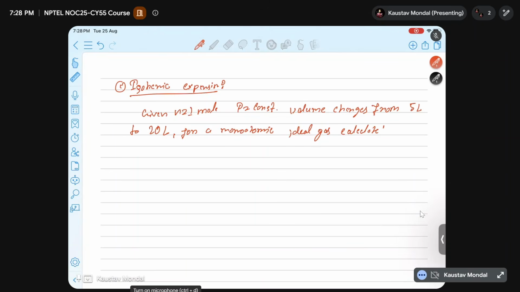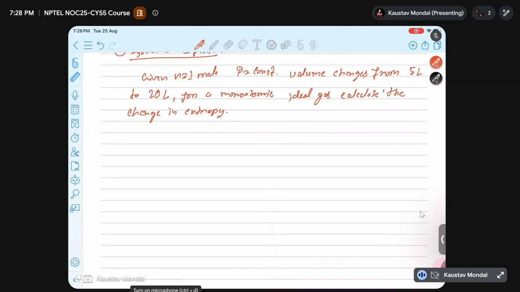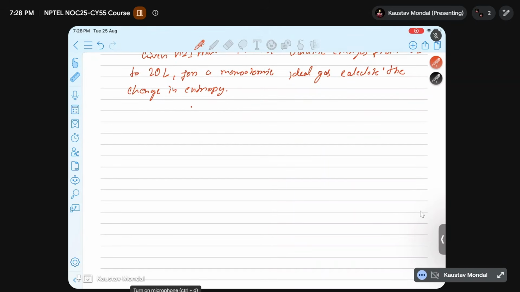Calculate the change in entropy. Okay. The change in entropy formula we know, delta S.